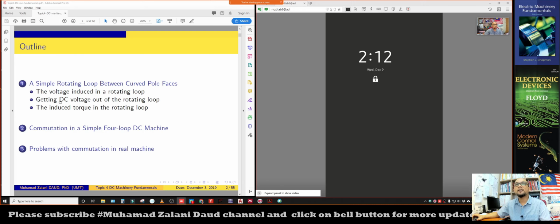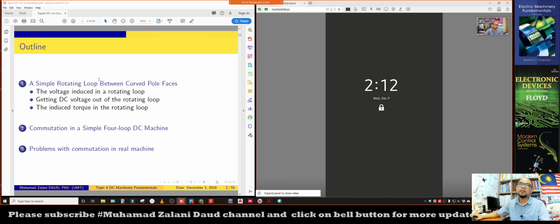Okay, and then the second one, we will be discussing getting the DC voltage out of the rotating loop. Basically in that rotating loop, what happens is it will induce the voltage in the form of an AC sinusoidal voltage waveform. But from that AC waveform, we are going to extract, or transform, or convert it into DC by using what I've just said earlier, which is the commutator and also brush.